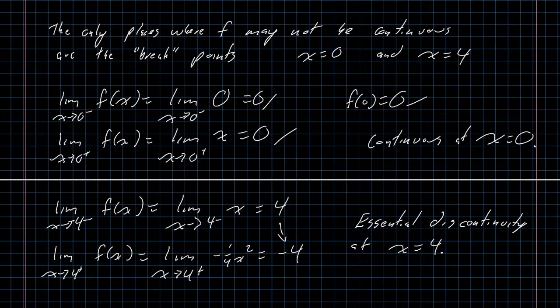All right. The limit in this case does not exist. And because the limit does not exist, we have an essential discontinuity, not a removable discontinuity, at x equals 4. And so the function is not continuous everywhere because it is discontinuous in at least one place.